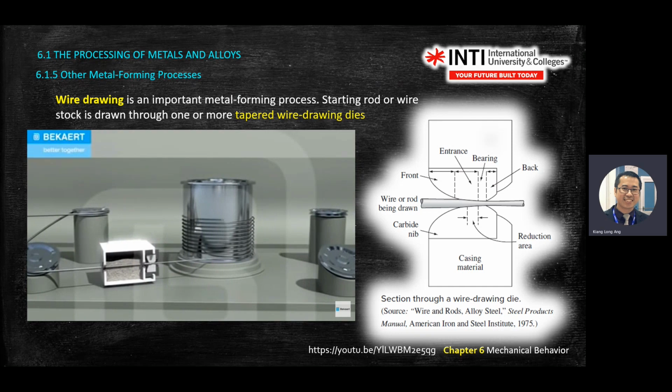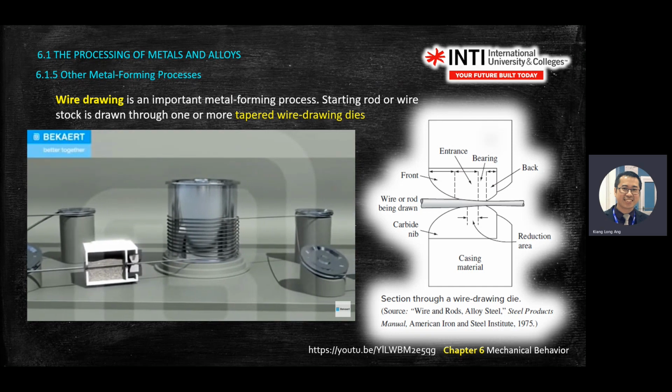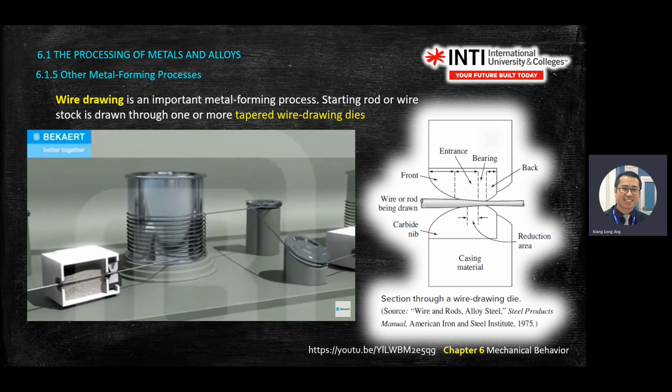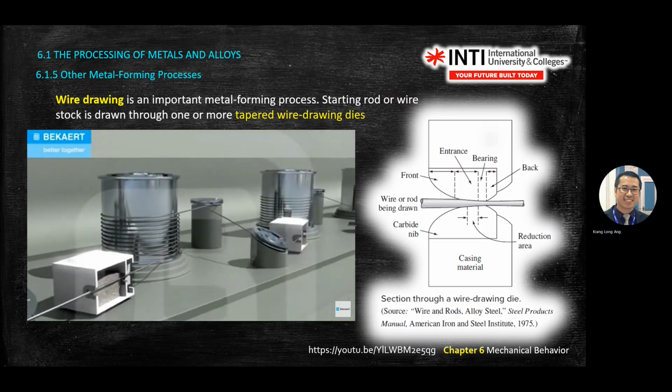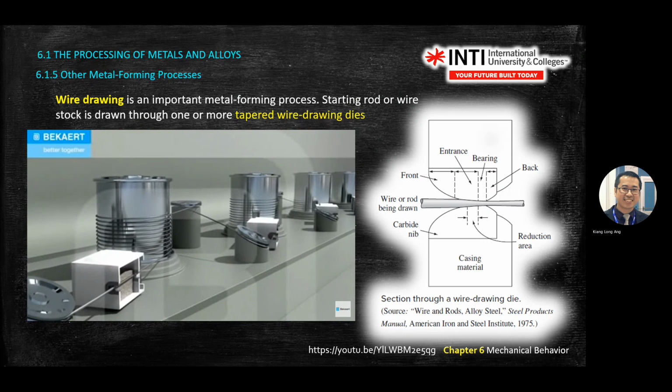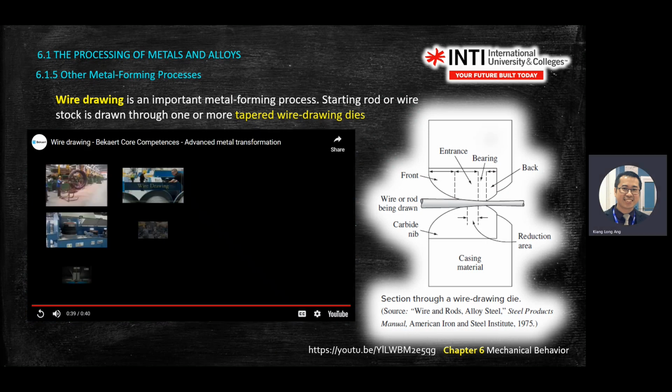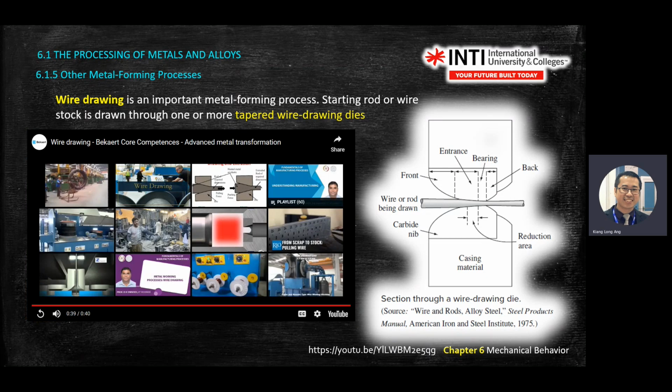The smaller diameter you need, the more stations that you need. It's just a repeated extrusion. The round body here is because you want to slowly, don't want to destroy the properties. You want to slowly pull it and then cool down, pull it and then cool down.